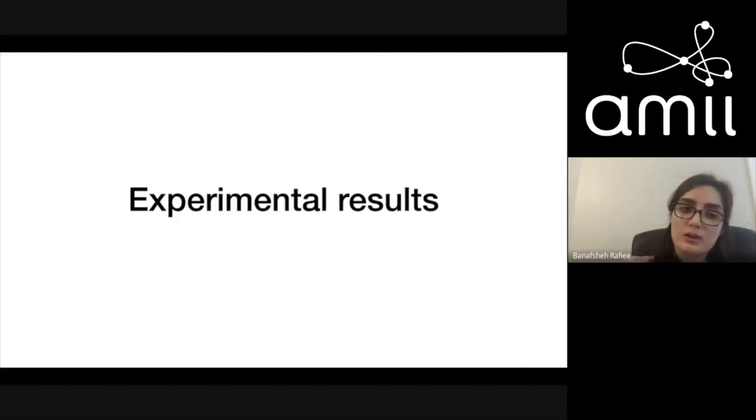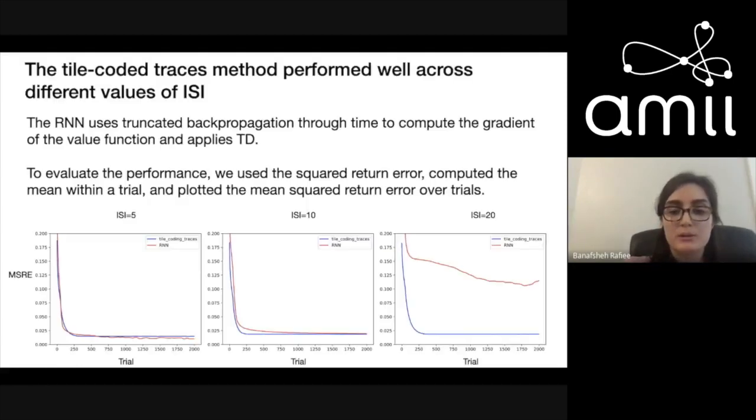Now that we know what failure and success means for the trace conditioning testbed, we can look at some experimental results. Here I'm showing the results for two baseline methods. One is tile coding traces, and one is an RNN. The RNN uses truncated backpropagation through time to compute the gradient of the value function, and then applies TD.